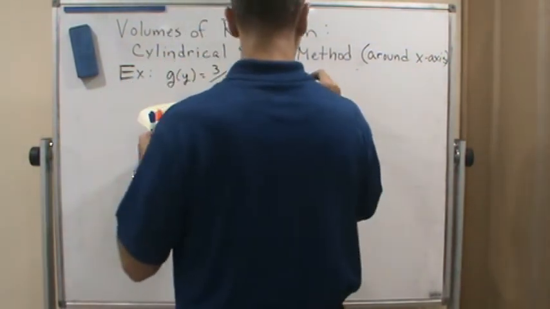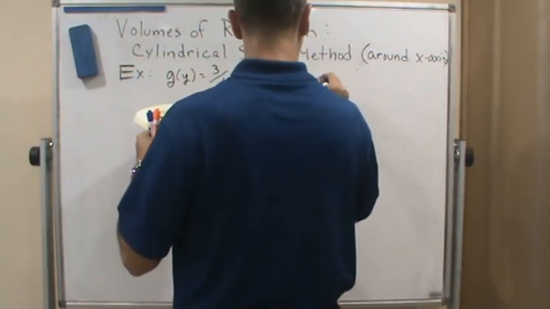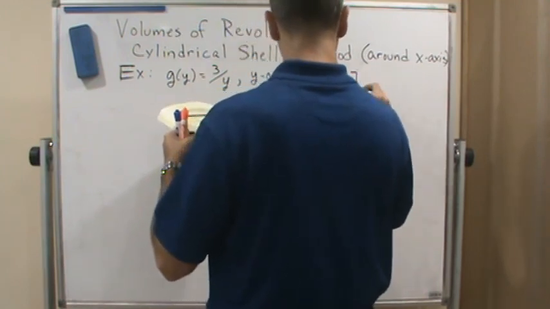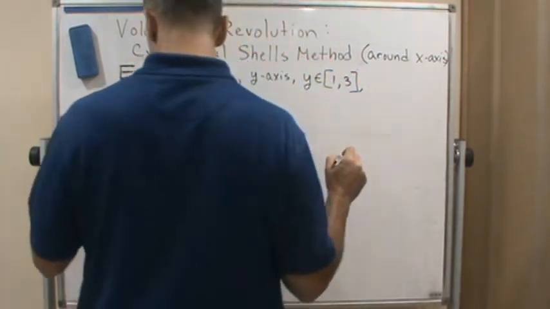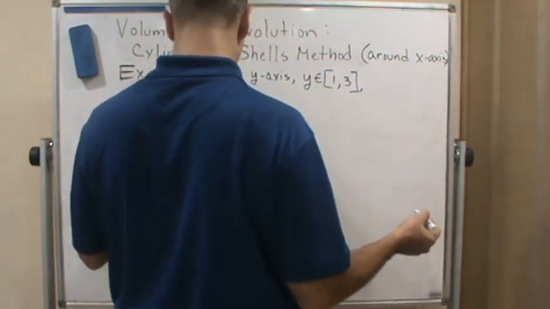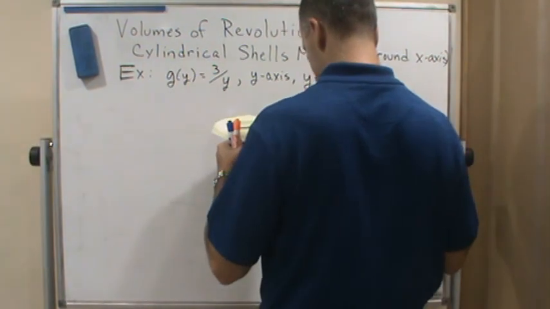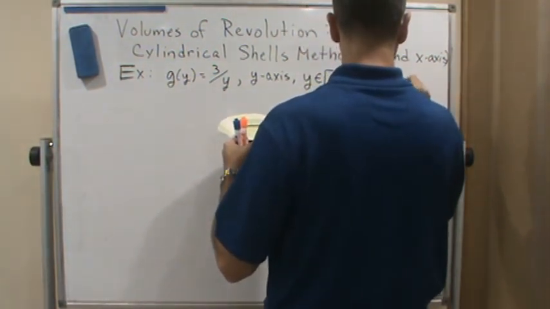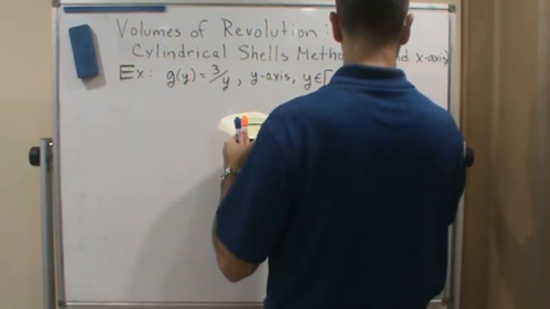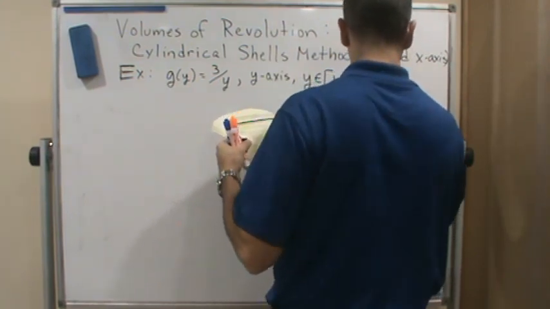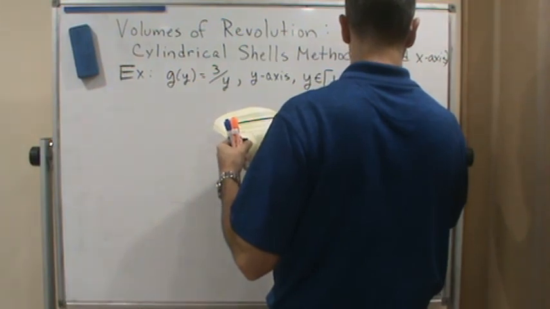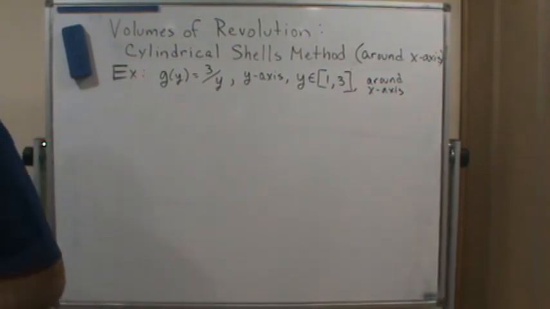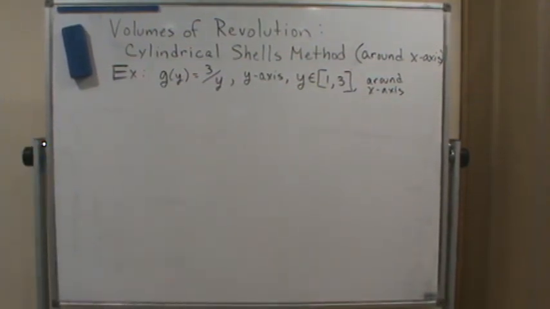And this is going to be for all y in the interval 1 to 3. And it says find the volume of the solid of revolution formed by revolving Q around the x-axis. So we're going around the x-axis. Okay, so that's what I want you guys to work on, and as usual, let me know if you have any questions or run into any problems.